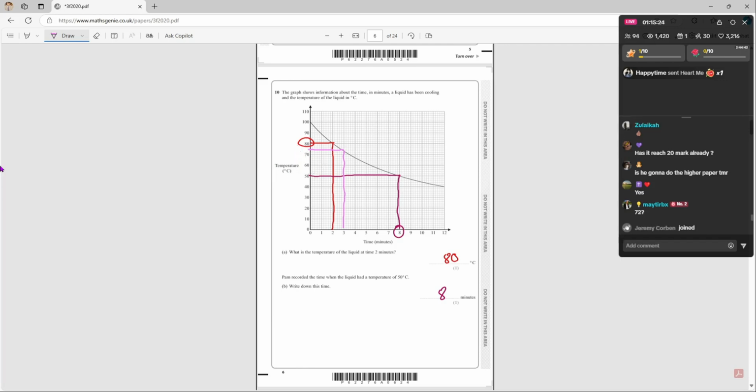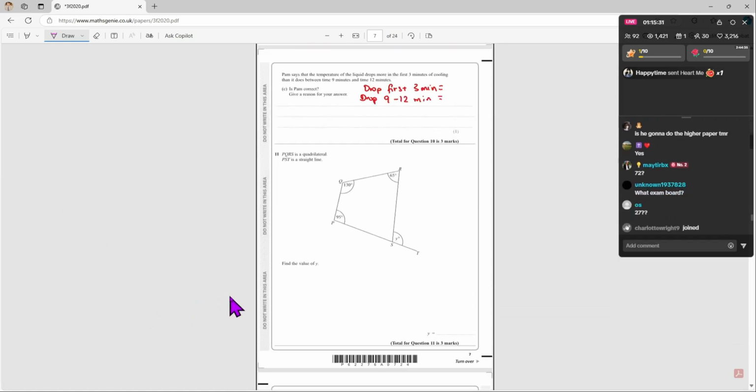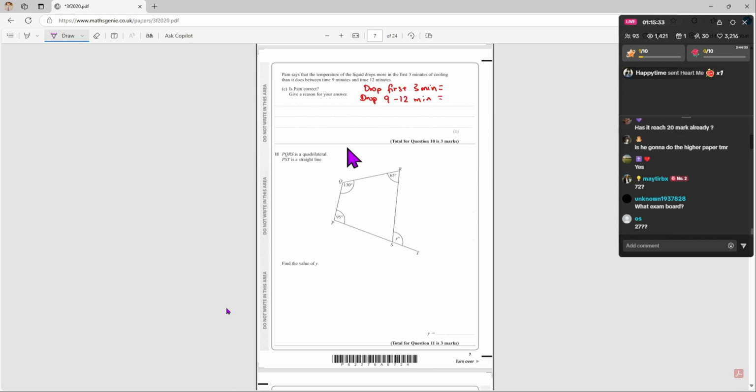The starting temperature is 100, so you subtract 73 from 100 to get the temperature drop. It's going to be 27 degrees. So the temperature drop is 27 degrees. Okay, remember, it's the drop.